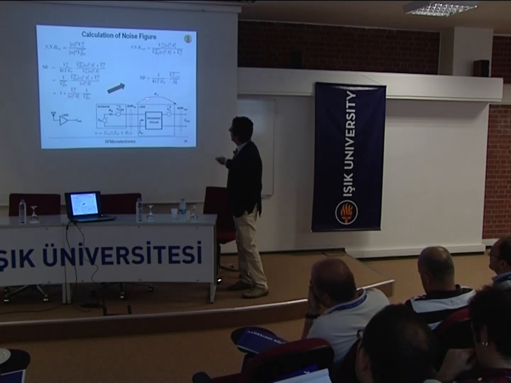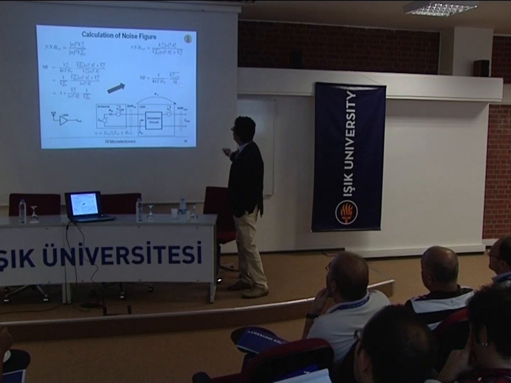So from this expression, we have that the noise figure is 1 over 4kT RS times what? Times the output noise over alpha squared AV squared, which is the overall gain from the input to the output.